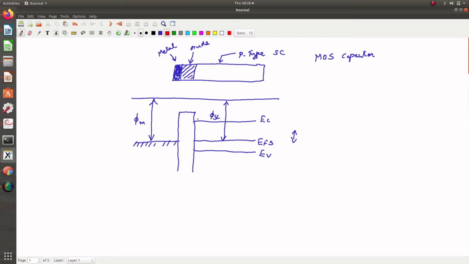The conduction band and the valence band at this interface will bend according to the applied voltage, and the relative position of the conduction band, the valence band, and also the intrinsic energy level remains unchanged with respect to the oxide conduction band at the interface, at the edge.